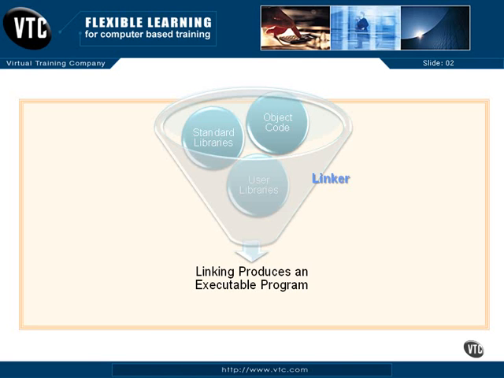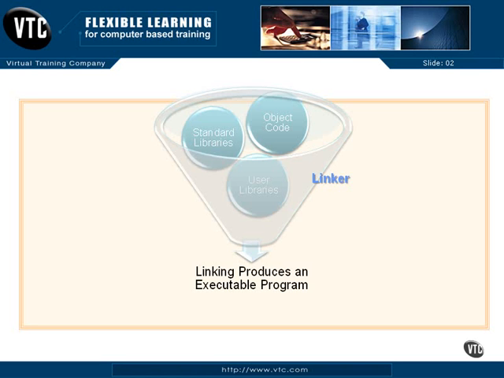All of those libraries and object code get linked together by the linker, and that produces an executable program, usually in the Windows world something that ends with .exe that we can actually run on our computer and cause some work to be performed, which is why we're learning how to do this.